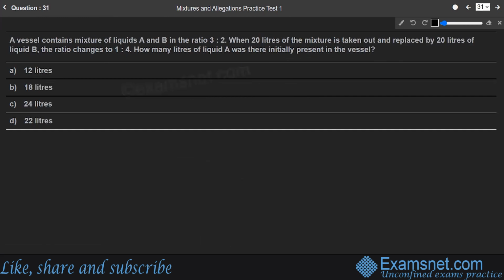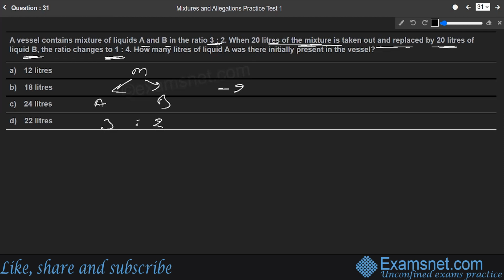Now, let us see question 31. They say a vessel contains a mixture of liquids A and B in the ratio 3 is to 2. When 20 liters of the mixture is taken out and replaced by 20 liters of liquid B, the ratio changes to 1 is to 4. Originally the composition of A and B in the mixture was 3 is to 2.